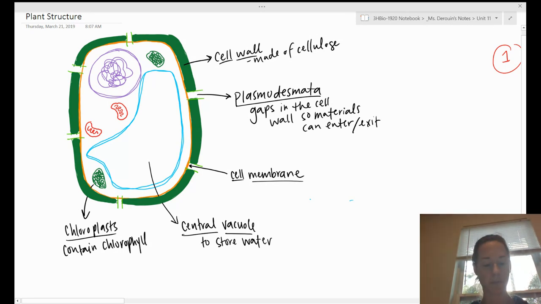There are other pigments that plants have that are yellowish or reddish, and those are the ones that come out in the fall because when it gets cold, the chlorophyll actually breaks down and degrades, and the other pigments become visible. But during peak season, when plants are doing photosynthesis, the chlorophyll overpowers those other pigments, and you see the green.